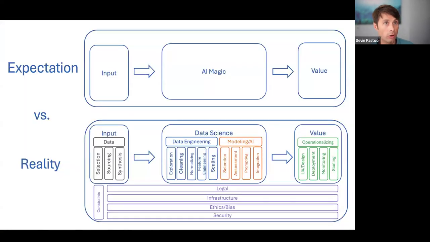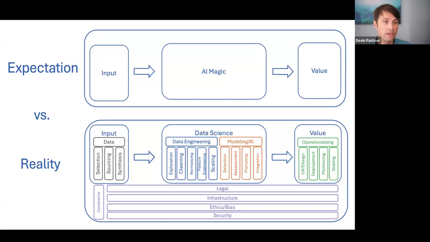People are looking for some kind of, I can have some inputs, there's some AI black magic, and then poof, I have some organizational value that comes out the other end. But realistically, just like any traditional product, we need to be realistic around how all of the pieces, both technically and operationally and organizationally, fit together to actually approach some of these solutions.